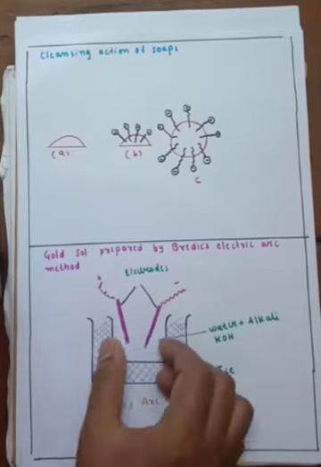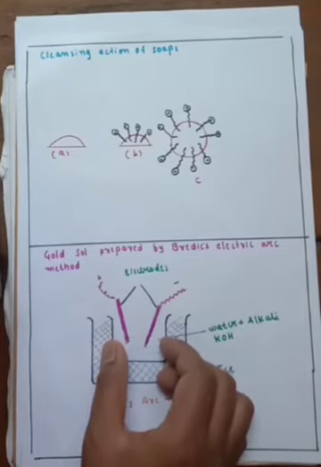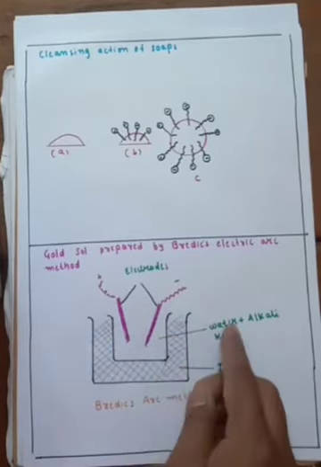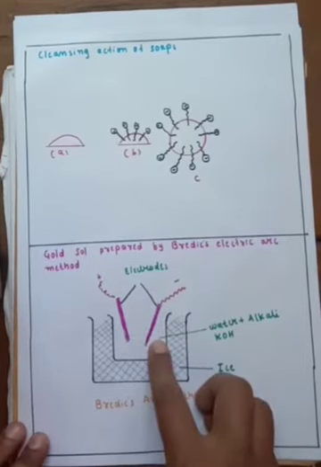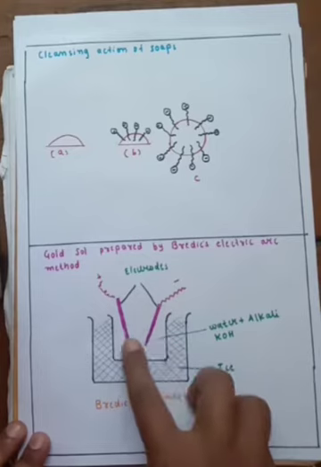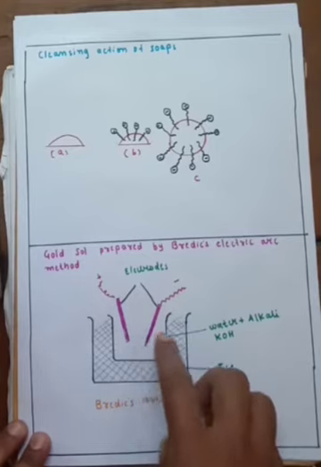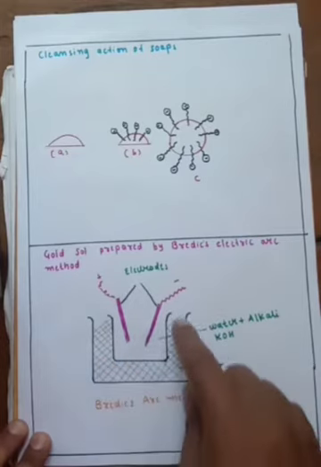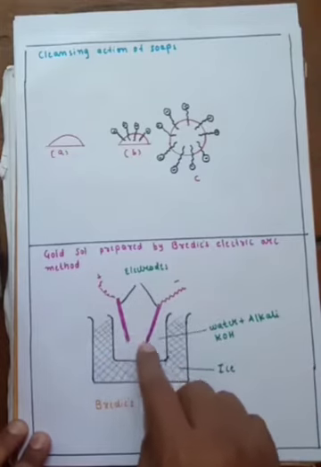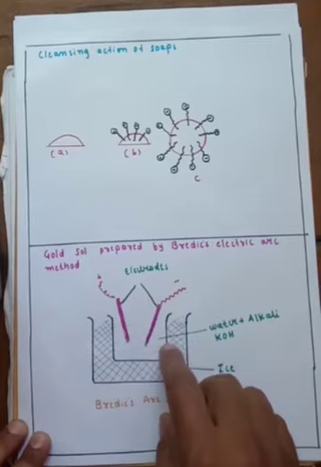In this case, a vessel containing water and alkali KOH solution is taken. This vessel should be kept cold, so the surrounding vessel is immersed in ice water to maintain cooling.